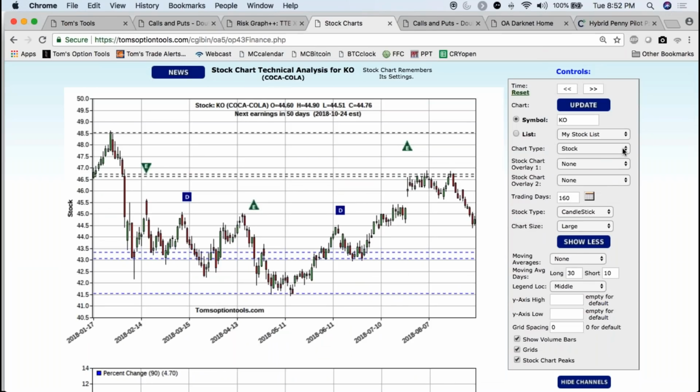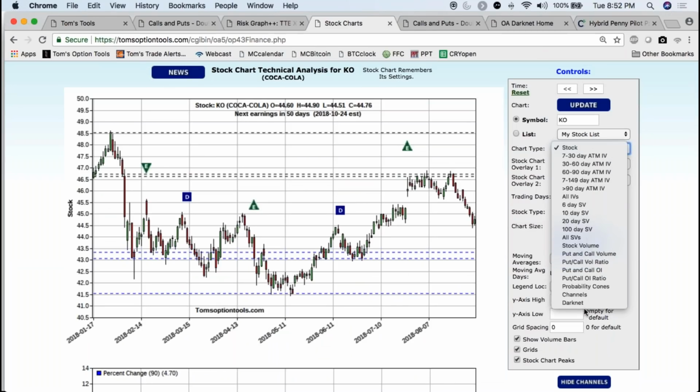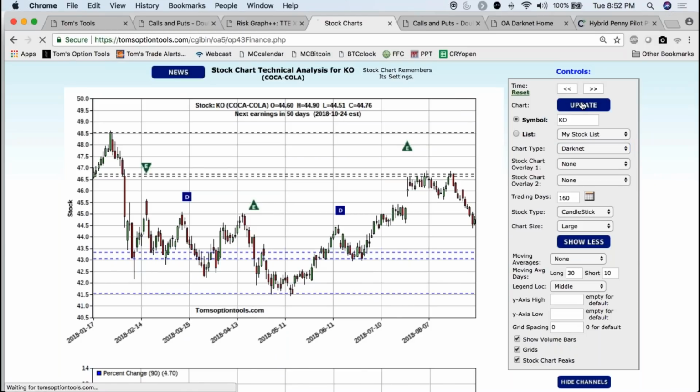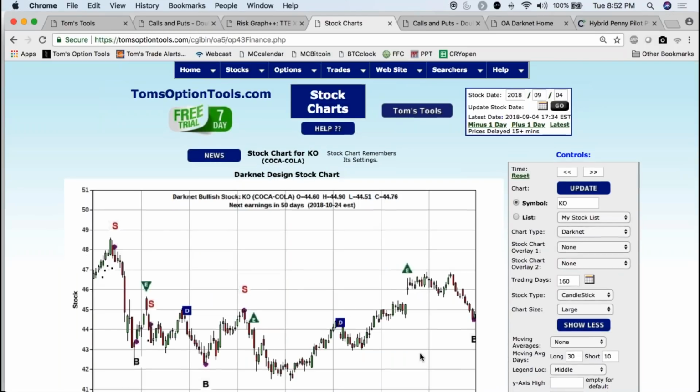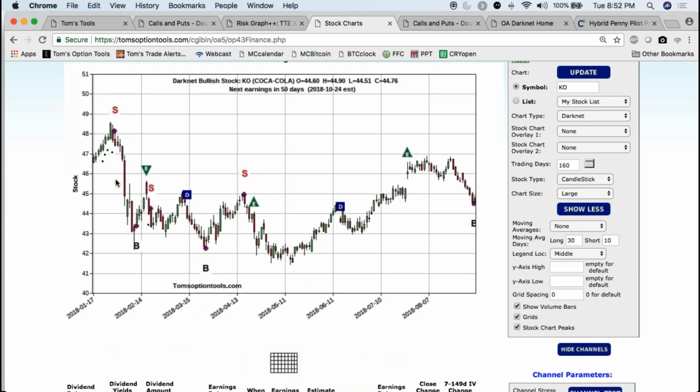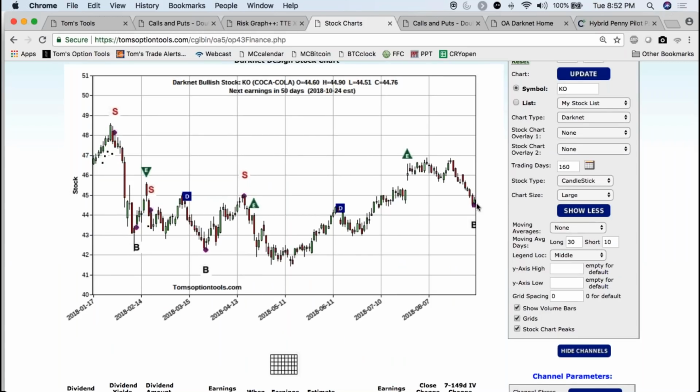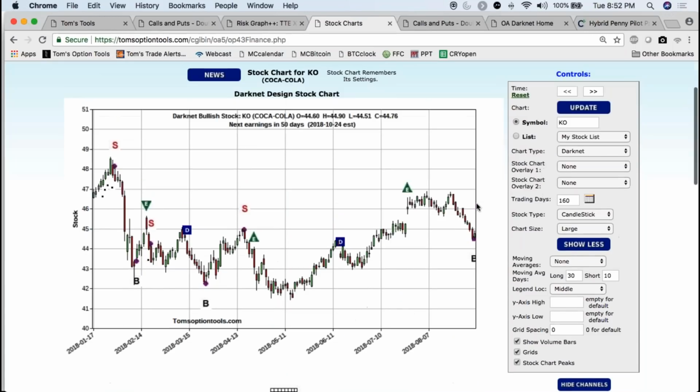Now, let me show you the chart type. If I go to Darknet and click Update, you'll see the buy signal. There's the buy. There's the sell from a previous buy back here. So winner, winner, winner, and now an entry. I like that. This has a nice long pattern of winning.